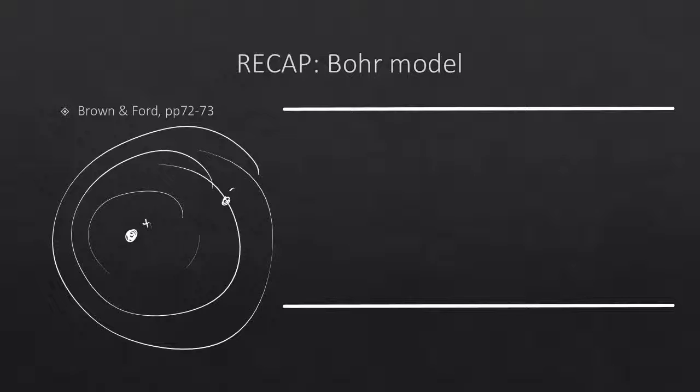Now, if we take, for example, these two energy levels and just rotate them, we end up with our electron sitting here, and I might change the color of my electron quickly. So we've got our electron sitting here. Now, if I give that electron energy, it can jump up to this higher energy level.